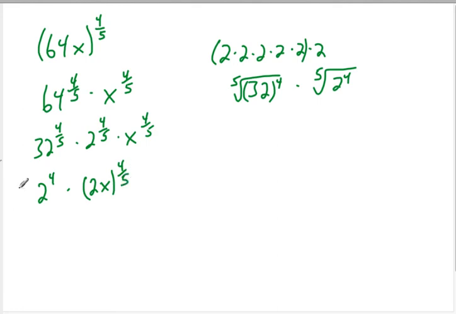And then 2 to the 4th is 2, 4, 8, 16 times 2x to the 4/5, and then we could just put that in radical form, so 16 times the fifth root of 2x to the 4th. So that would be a way you can write this in simplified radical form. So that one's pretty confusing, but with practice you'll be able to get it.